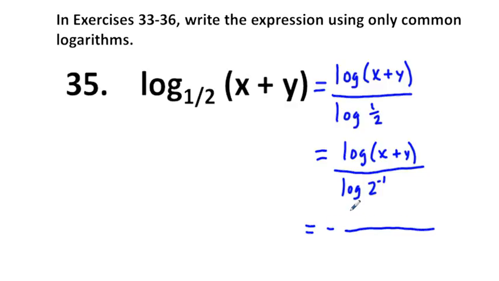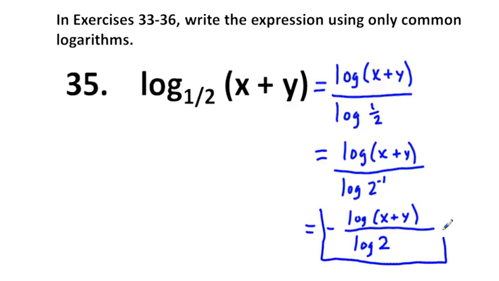It's equal to negative the common logarithm of x plus y over log base 10, the common logarithm, of 2. That's going to be our answer here, according to the book. But really, the switch up above could be sufficient. Anyway, good luck on the even number problems as a demonstration for learning. Thanks for viewing.